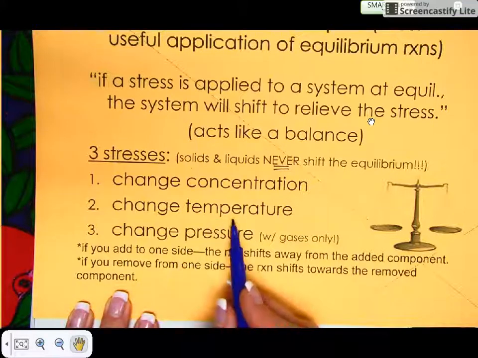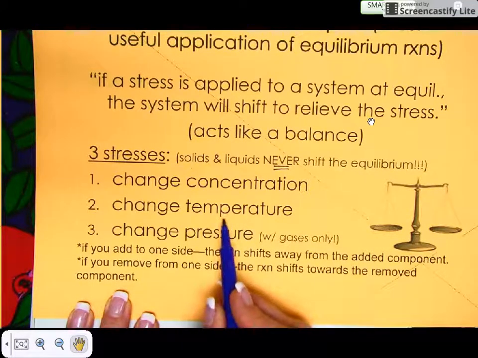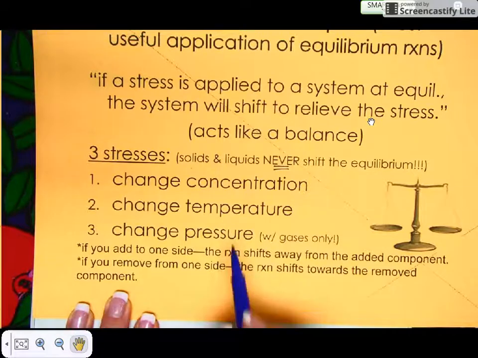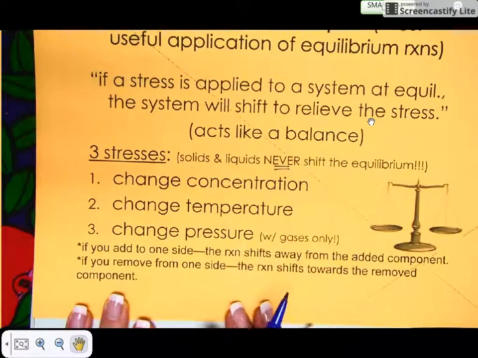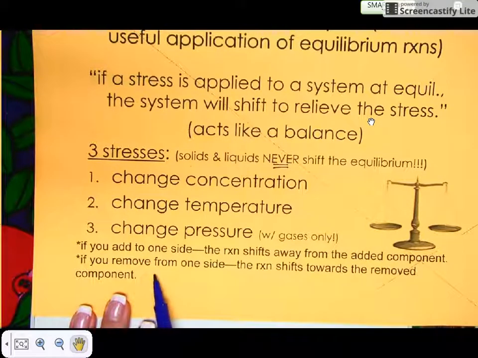Same thing if you're adding temperature. If you're adding heat, it will shift away from the side you added heat to. If you remove from one side, the reaction will shift towards the removed component. So it's going to try to put it back where you took it away from.